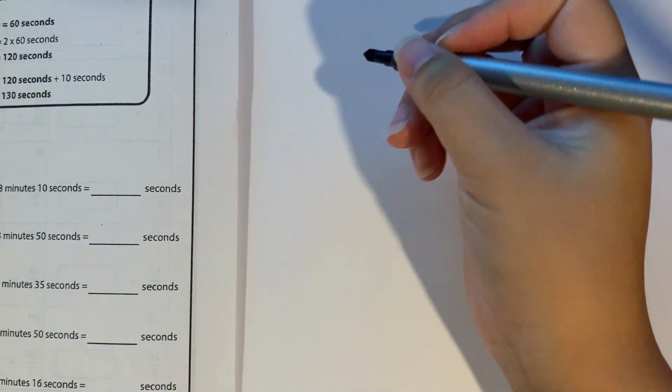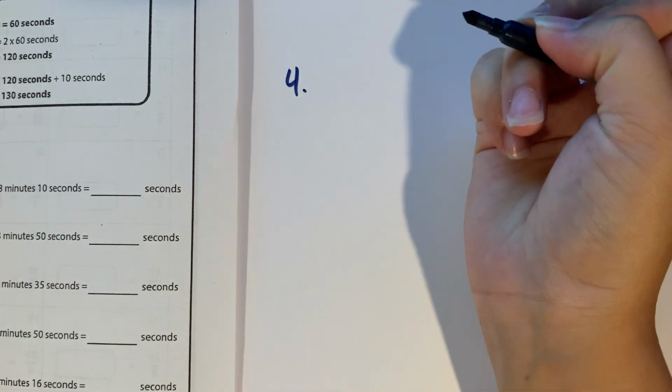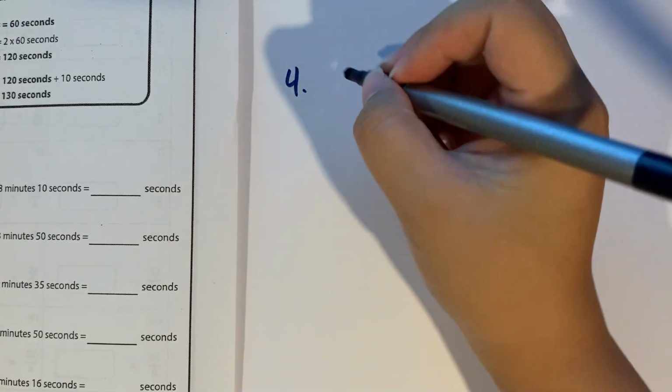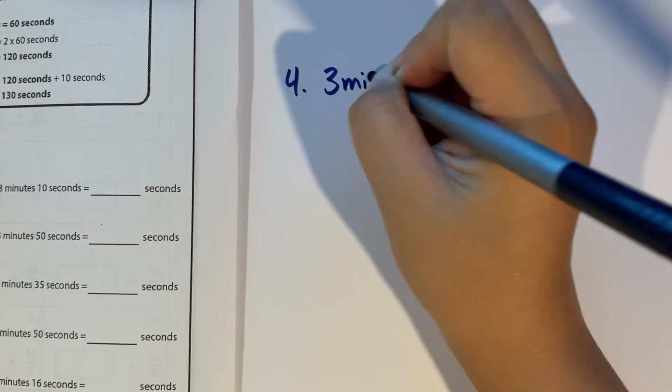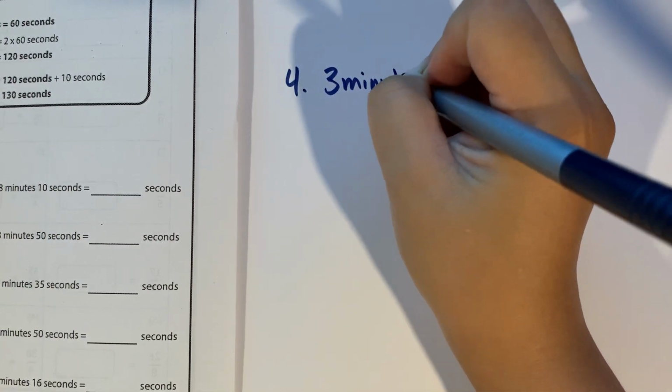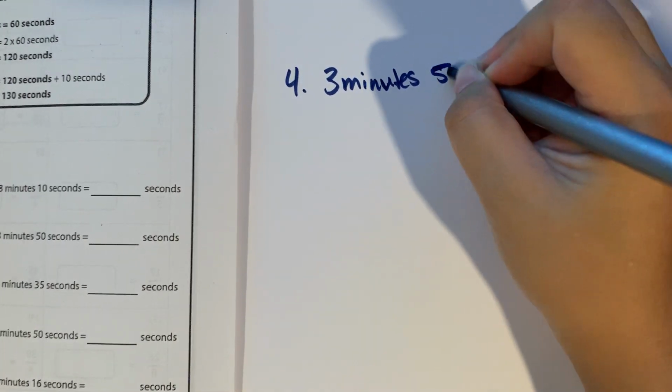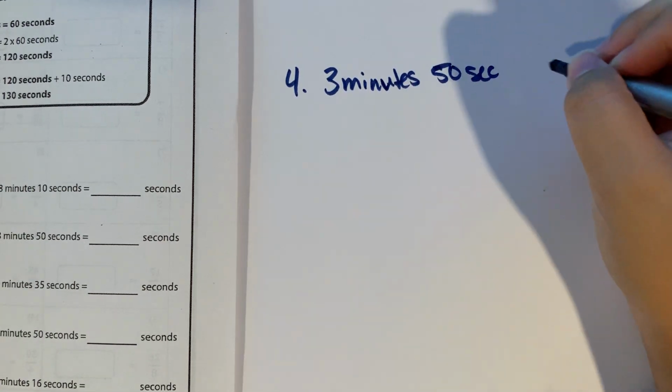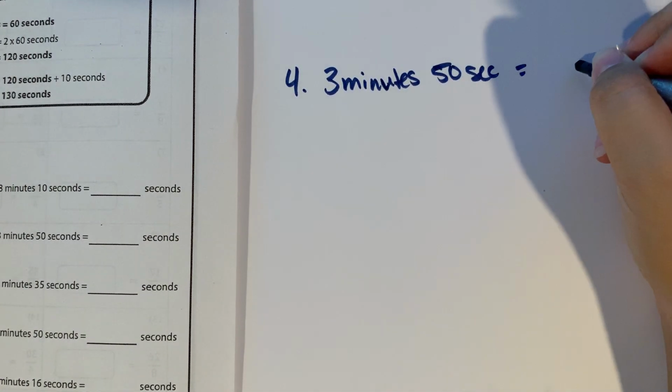Let's do number 4. You have 3 minutes and 50 seconds turned into seconds.